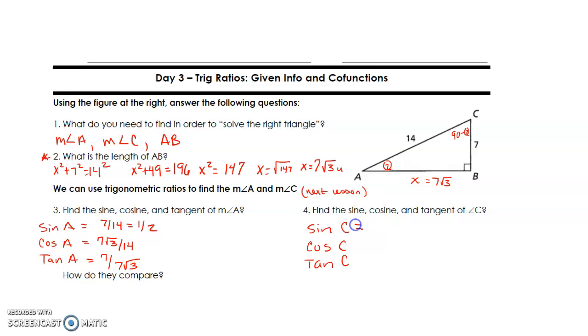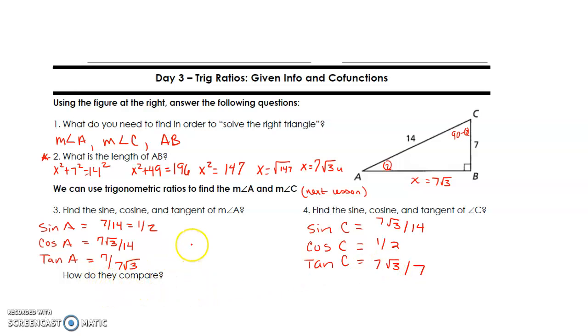And if you remember from our last lesson, the sine of C is going to be equal to the cosine of A. Sine of C is the same as the cosine of A, and the cosine of C is the same as the sine of A. And then our tangents are going to be reciprocals.